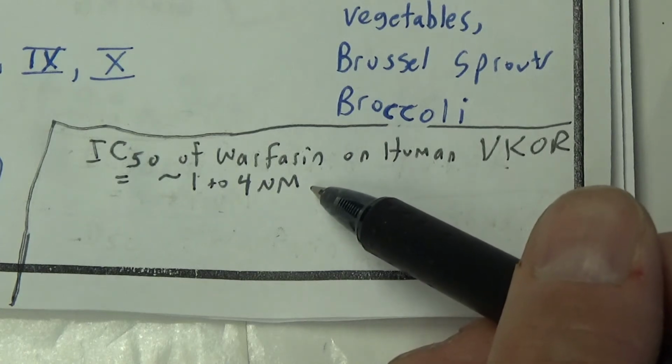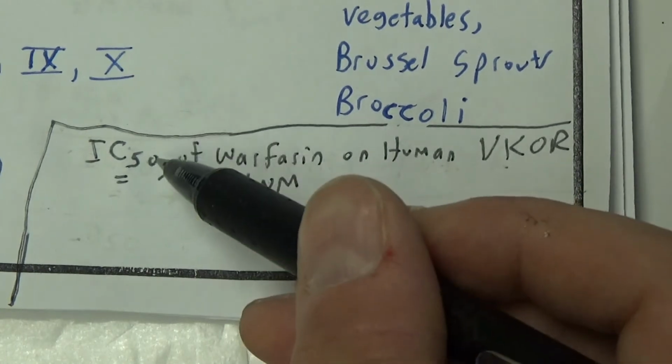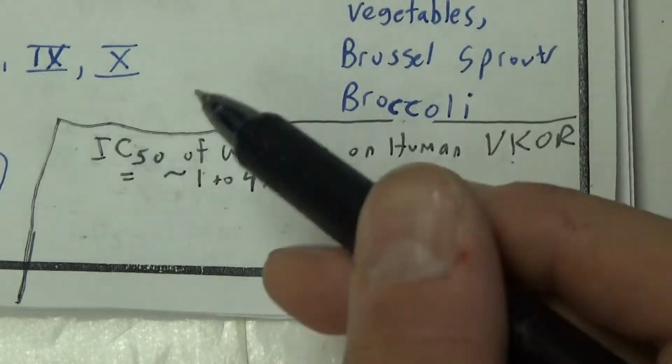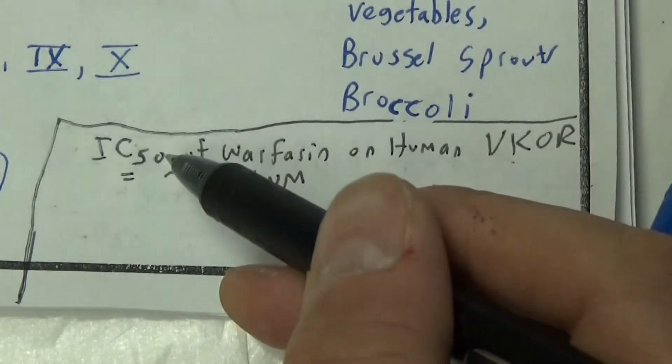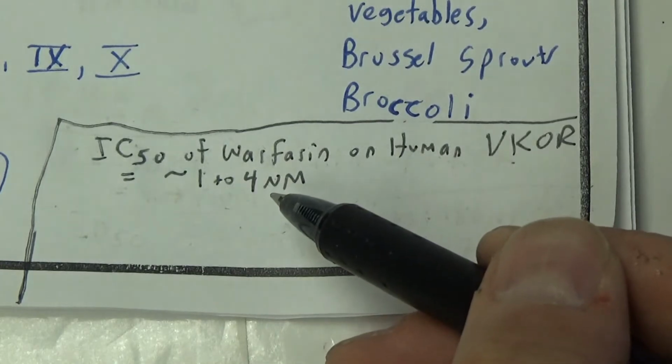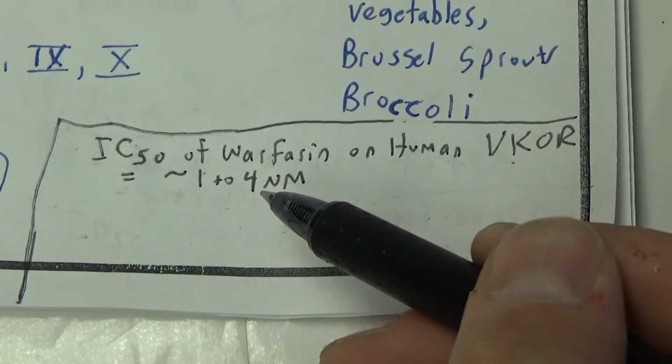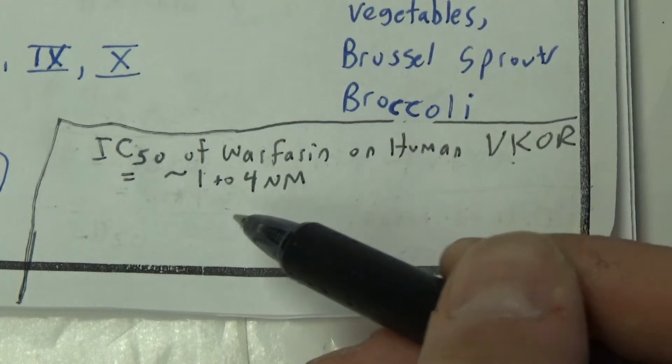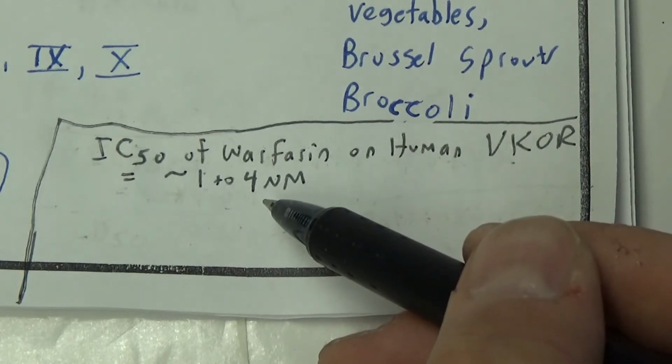Okay. Again, I'll explain IC50 a little bit later, and I'll draw little graphs that show the real meaning of that. But for now, just consider that as a measure of potency. So what could we compare that to in terms of toxicity?